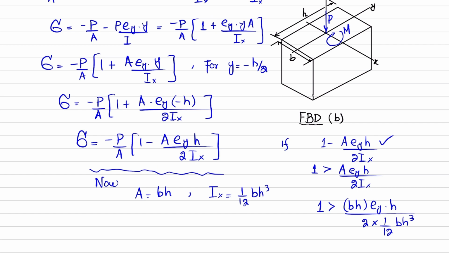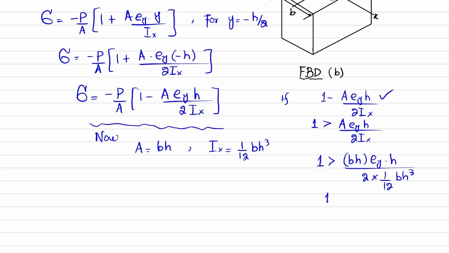What we get is 1 is greater than 6ey over h, or ey is less than 1 over 6 into h.